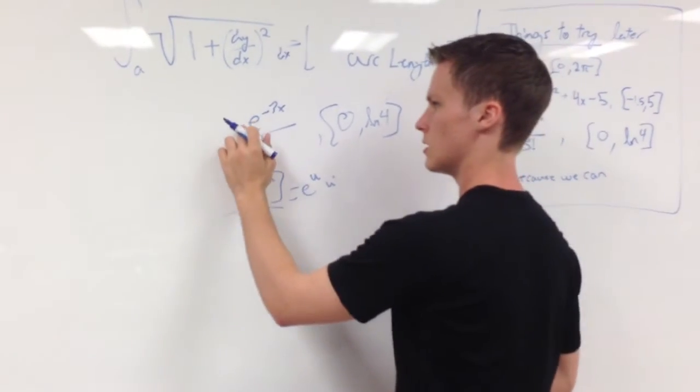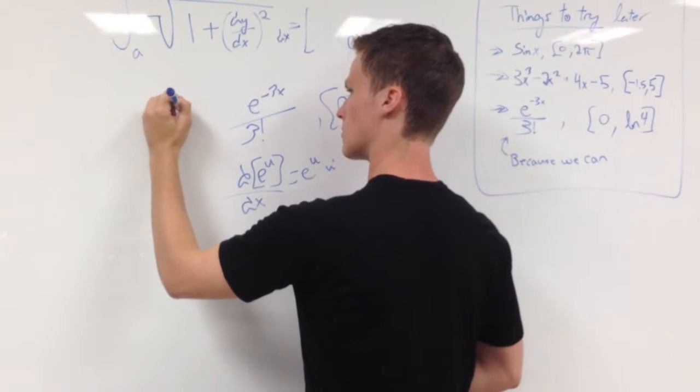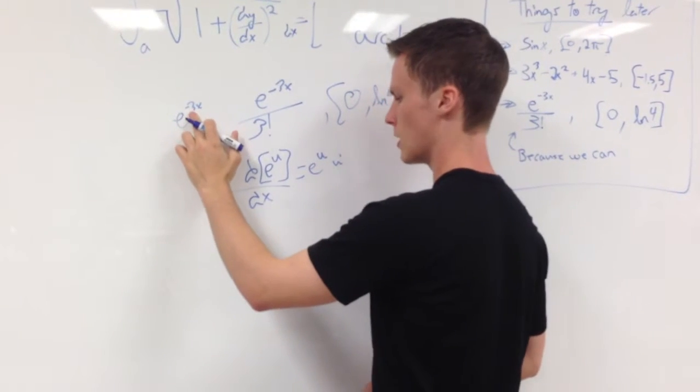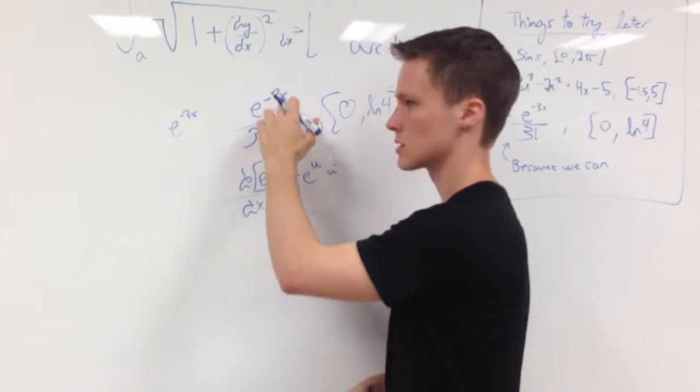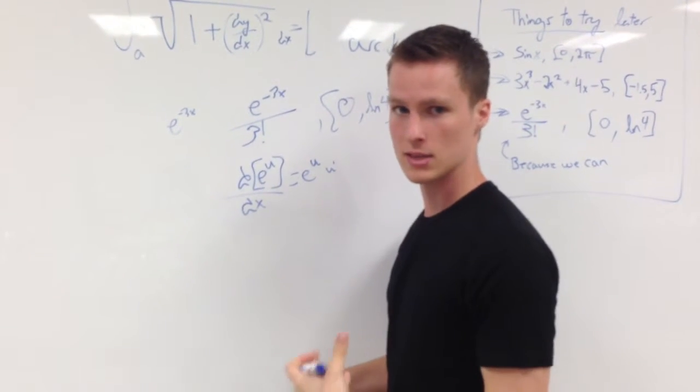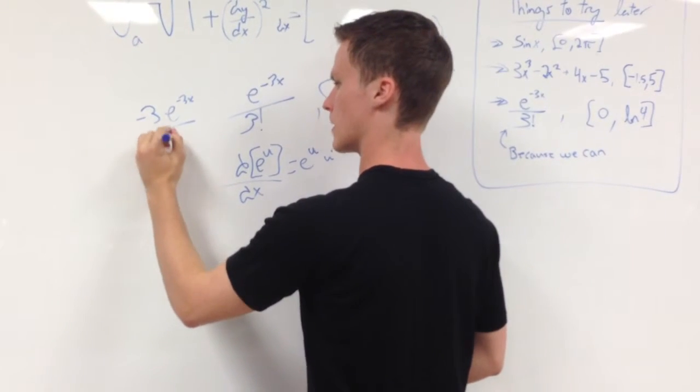So what you're going to do is you're going to have e to the negative 3x, and you're going to pull out u prime, because the derivative of negative 3x is negative 3, so you're going to pull that out in front. So that's over 3 factorial.